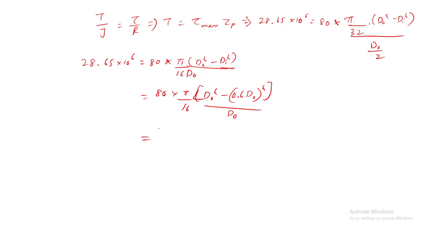So at last what will I be getting? 28.65 into 10 to the power of 6 equals 80 into pi by 16 into d naught power 4 minus 0.6, the whole power 4. 0.6 the whole power 4 is nothing but 0.1296 d naught power 4, divided by d naught power 4.